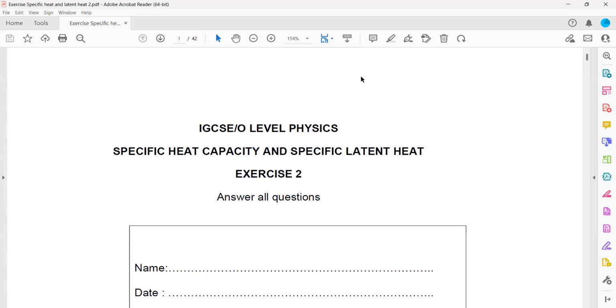Three formulas to remember about heat capacity and specific latent heat. The first one depends on what is given in the question.